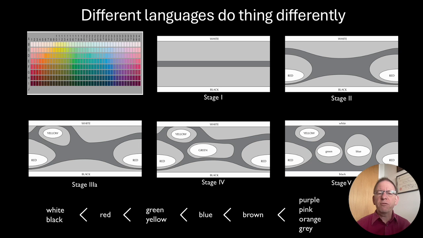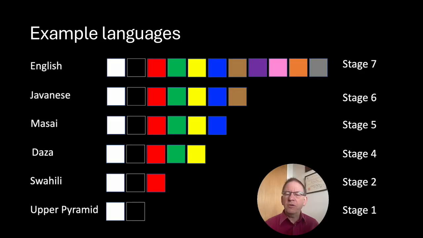This theory from 1969 has been critiqued and adjusted over the years, but a large proportion of the world's languages do conform to this sequence. For example, there is one language in Papua New Guinea that is in stage 1 with just 2 colour categories, and this slide shows examples of other current languages that have different numbers of colour categories.